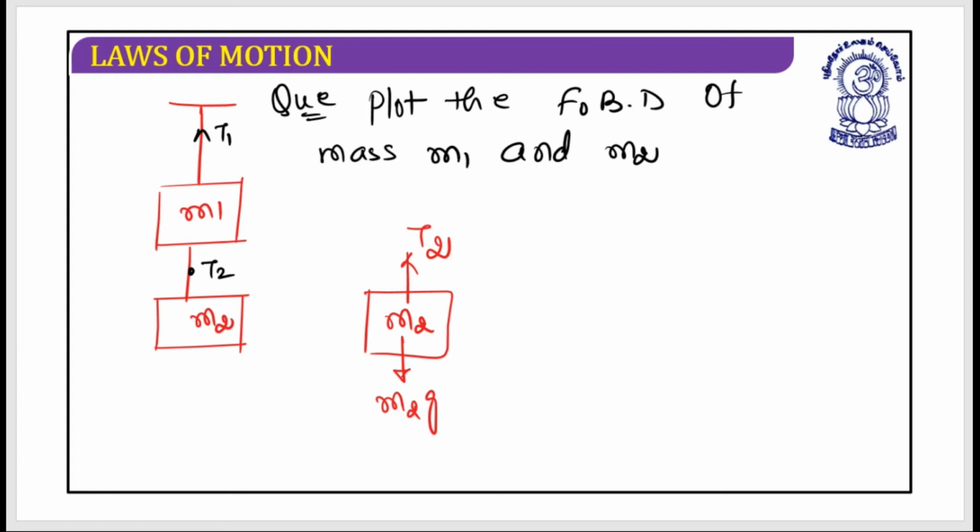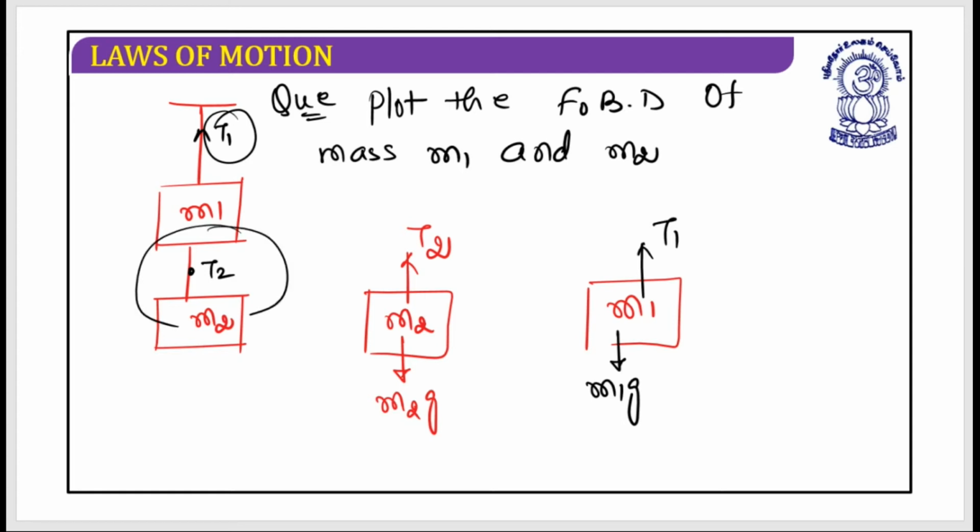Now let's have an FBD of the M1 block. So this is M1. Which are the forces that are acting? First, it's M1g. Next, it's T1, away from the body. Even now, if you observe the situation, these two blocks are connected by the string, and as they are connected by the string, I need to mention a tension as well.